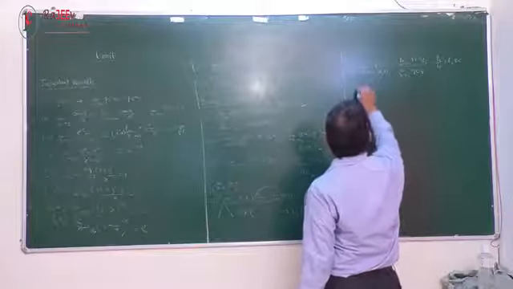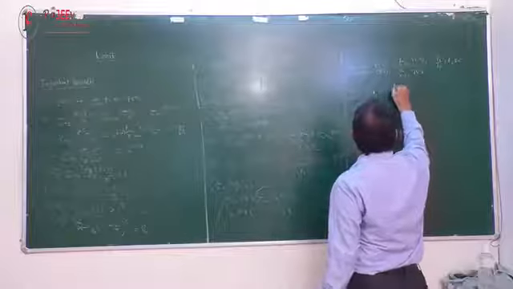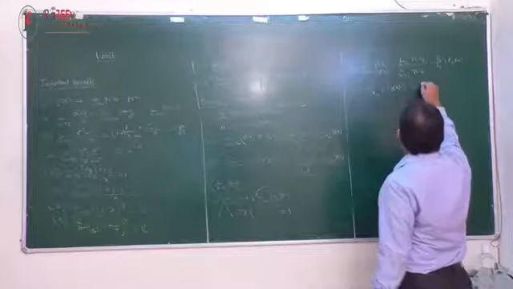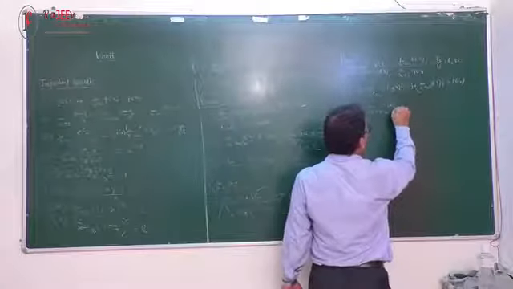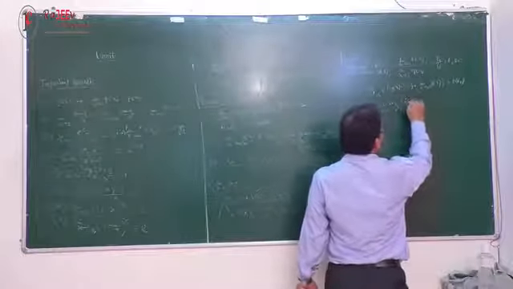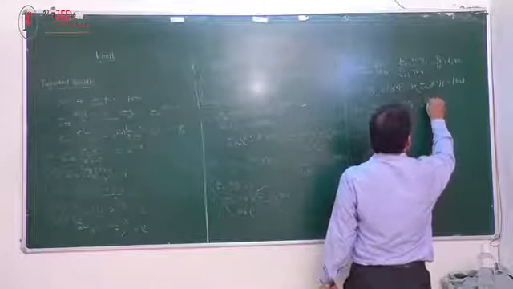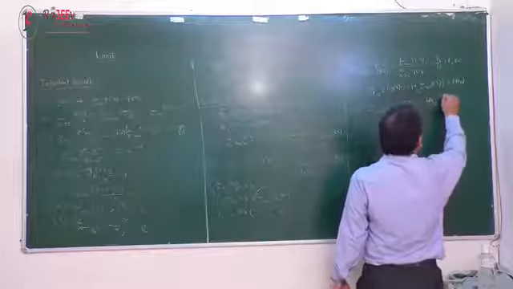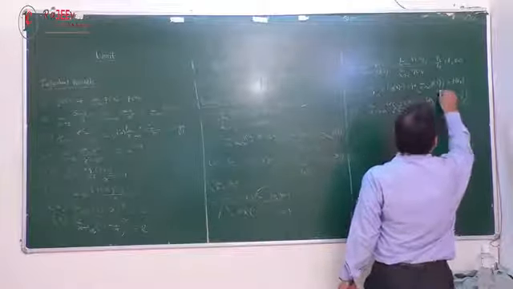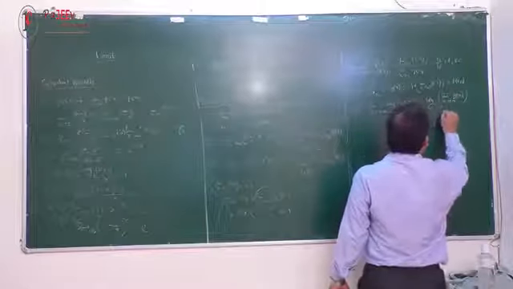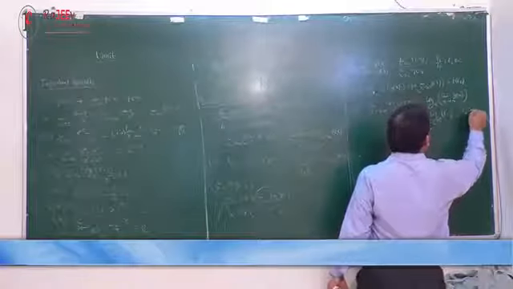Number 4, limit x tends to a of log of f(x) or log of g(x) is the same as log of limit x tends to a of g(x), which is equal to log of L2, where L2 should be positive.